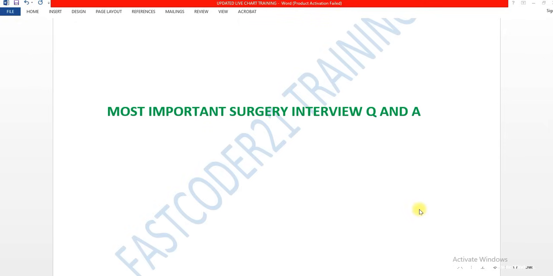What is the difference between 76 and 77? 76 is a repeated procedure by the same physician. 77 is a repeated procedure by a different physician.